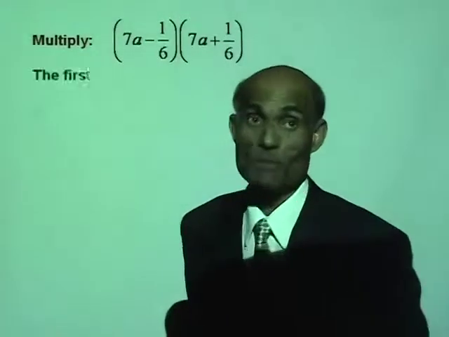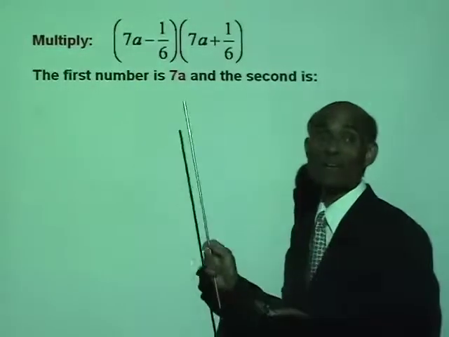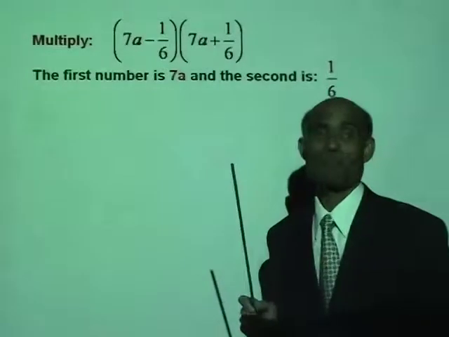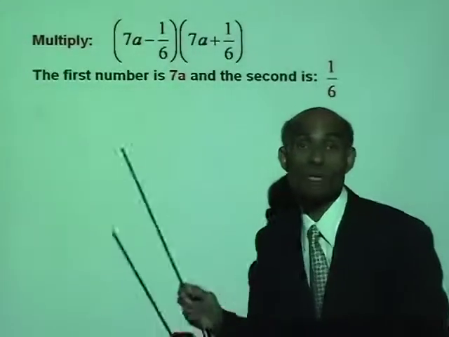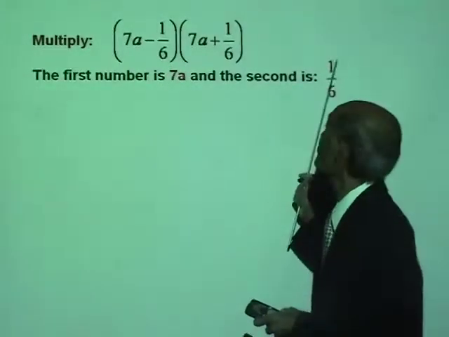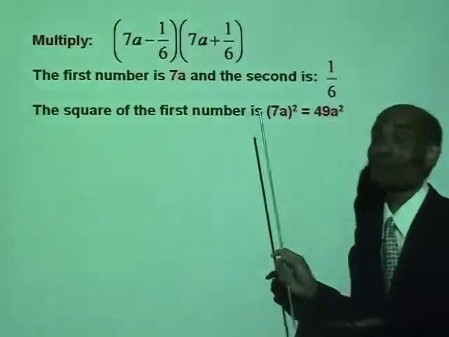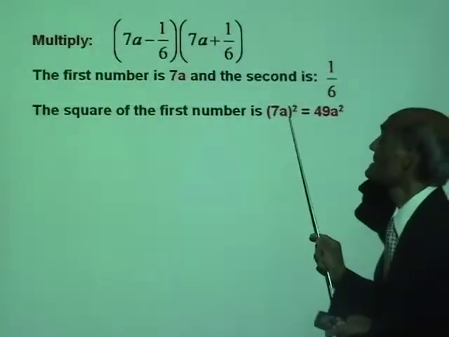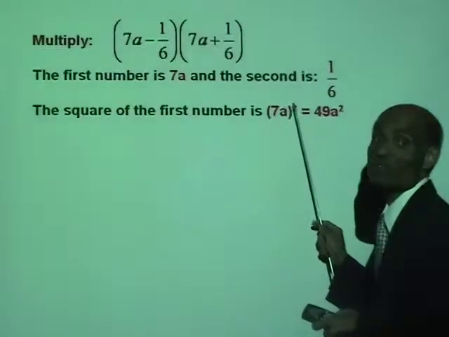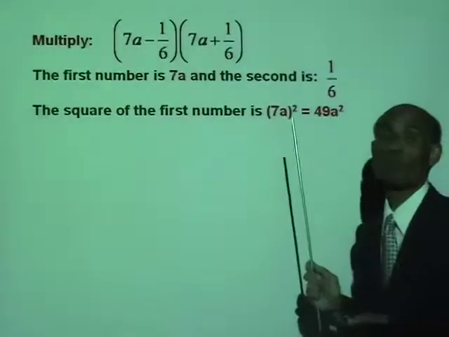Okay, so the first number is 7a and the second number is 1 over 6. And the result will be the square of the first minus the square of the second. What is the square of the first number? 7a all squared, and that will be 7 squared is 49a squared.